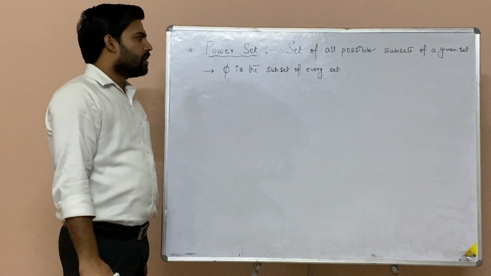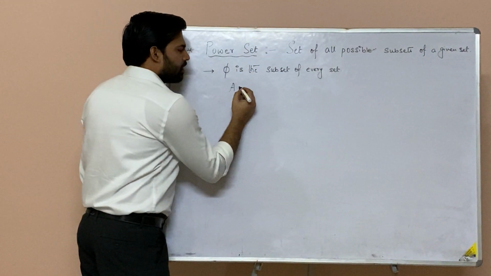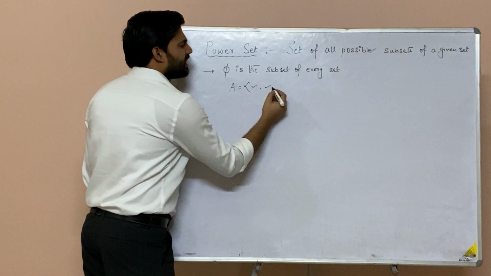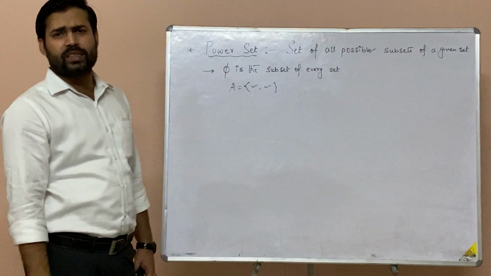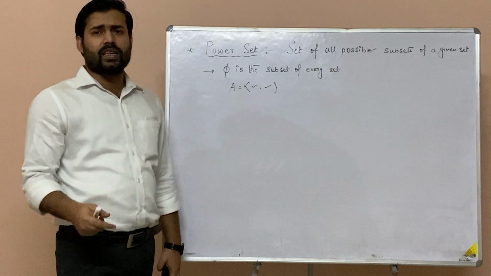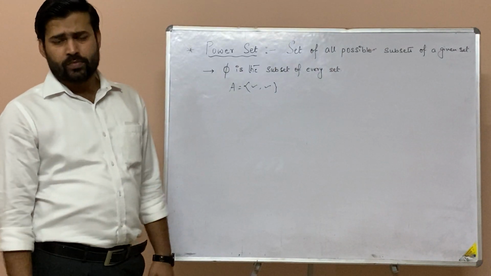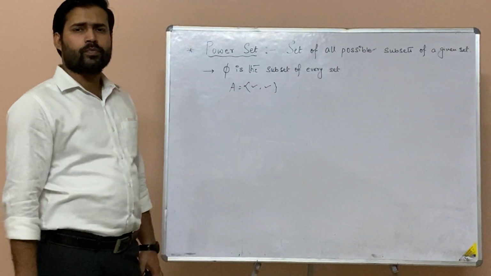That means, if you are seeing any particular set, set A, whatever is inside A, how many elements are there, that is not the question. Even if there is not a single element, then also.